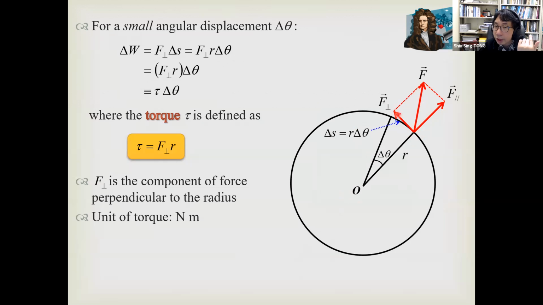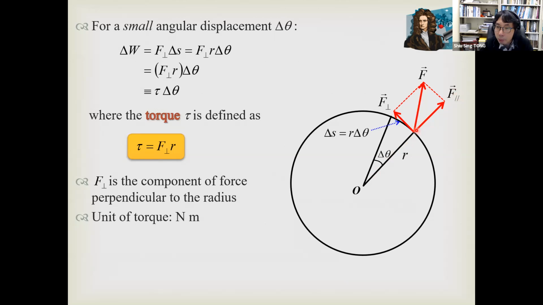The first component is the perpendicular component, perpendicular to the radius r. It is actually the tangential component in this case. And we also have a radial component, which is parallel to the radius. So I denote it as F parallel.